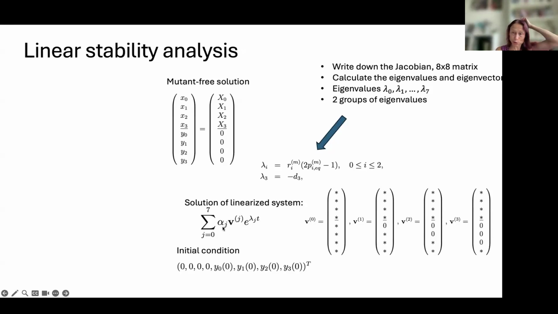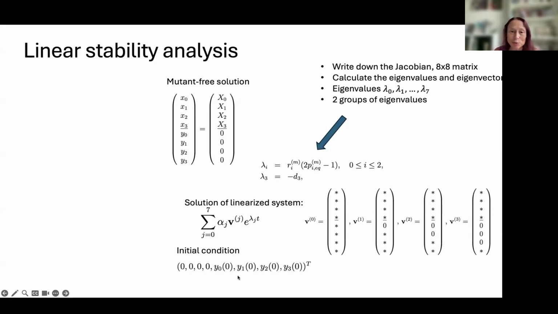This is your solution of a linear system. And the initial condition for the mutant perturbation is 0, 0, 0, 0, and then wherever I put the mutant. So this is how much mutant I initially put in the first compartment. This is how much of the mutant I put in the second compartment, and so on. So this is where it becomes really important where I put the mutant.